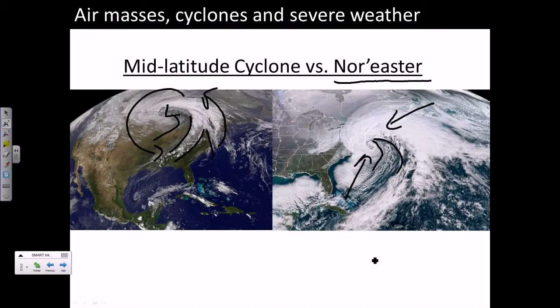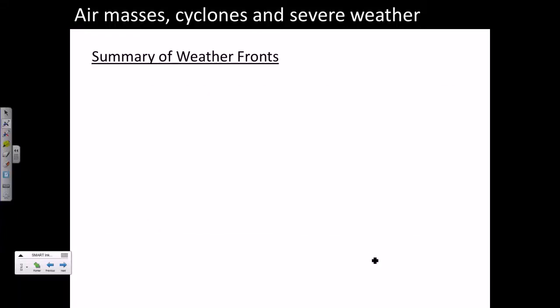So the nor'easter is built on the intersection of air masses, but instead of coming from North America through the middle of the continent like the left-hand picture, it comes in from the Atlantic, on the Atlantic coast. It's called the nor'easter because the winds come out of the northeast. So it's another kind of cyclone that we see in North America.